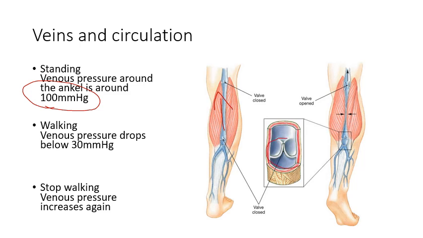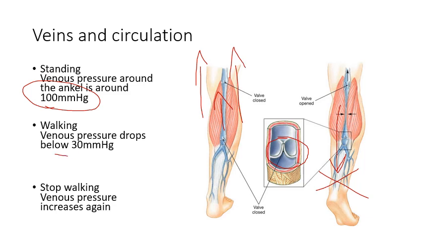The valves are going to close whenever the person stops, which is going to prevent the blood from falling back down. As you move along, the muscles are going to pump the blood towards the heart with the aid of these valves, preventing the blood from falling back down.